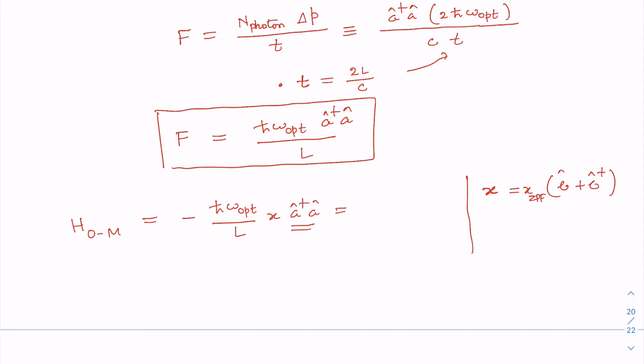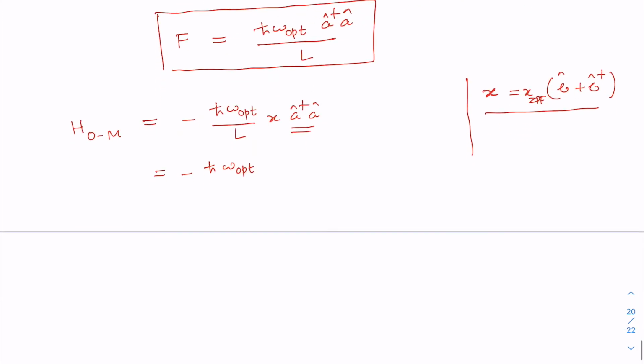If I use this expression here, I can write it as minus h cross omega optical by L, x zero-point fluctuation (b plus b dagger) a dagger a.